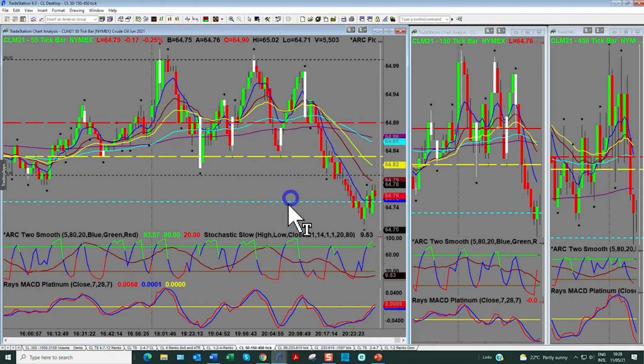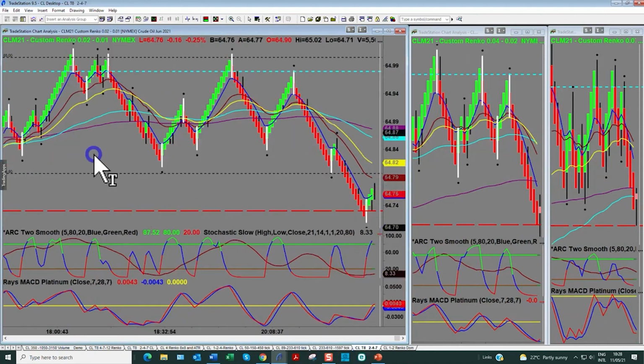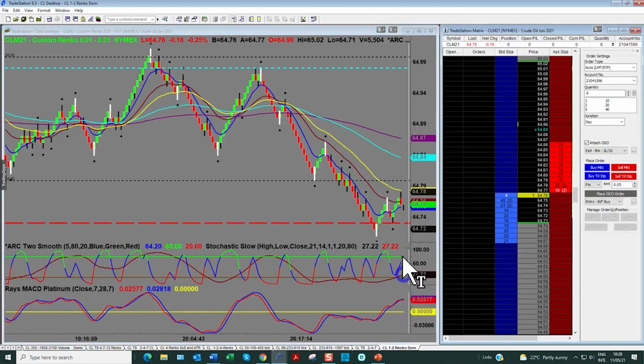So how I have mine set up, and I'll finish this recording, I'll do another session, is this: I will have my tick charts above. I've got 6 screens, so I'll have my tick set up like this above my Renko. So here I'm looking at a 2, a 4, and a 7, and so this time of day I would be looking at the 1 tick.